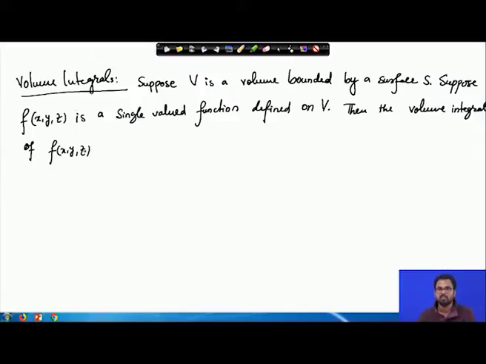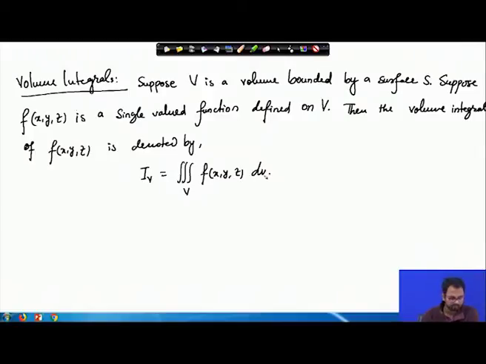I'm not writing all those things, I'm just writing the notation for the volume integral, because our main target here is to practice a few examples, as we have very few lectures left. The volume integral of f(x, y, z) is given by, let us write I_V, where I is for integral and V is for volume, and then you write the triple integral of f(x, y, z) dV.